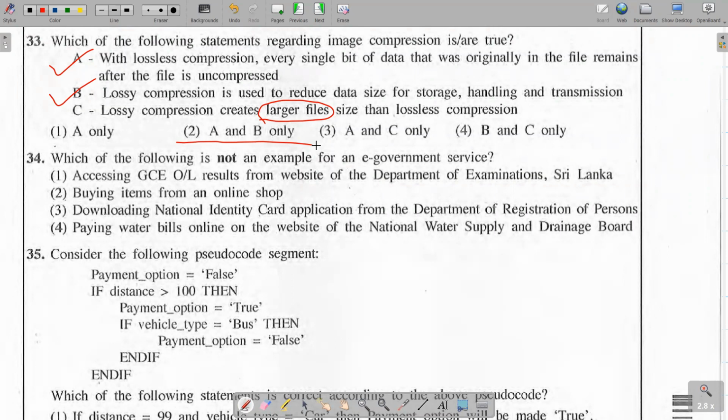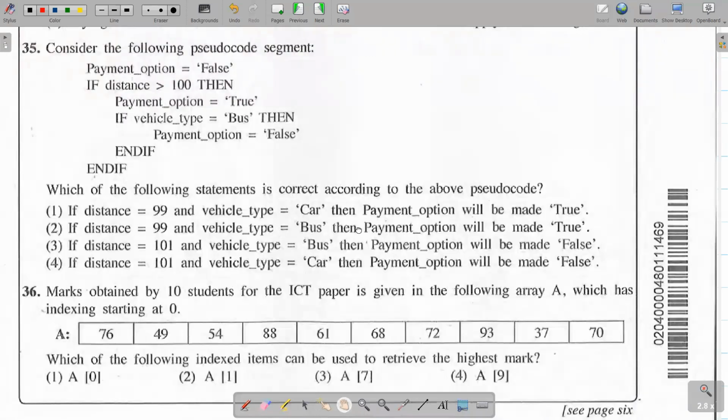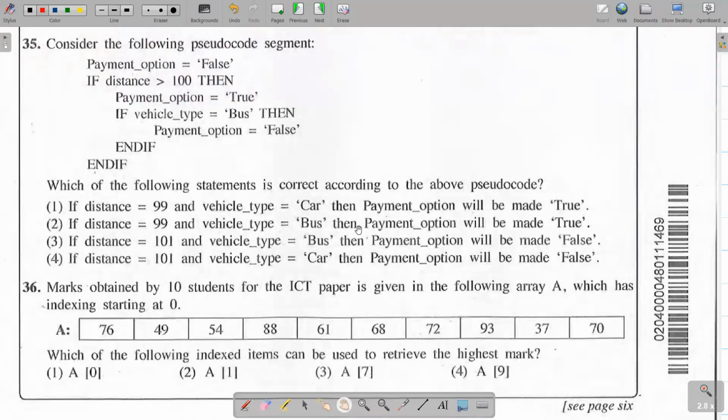Okay, so moving to the 35th. It's about the pseudocode. Consider the following pseudocode segment. Which of the following statements is correct according to the above pseudocode? So this particular pseudocode explains the payment option. They have given the value as false.